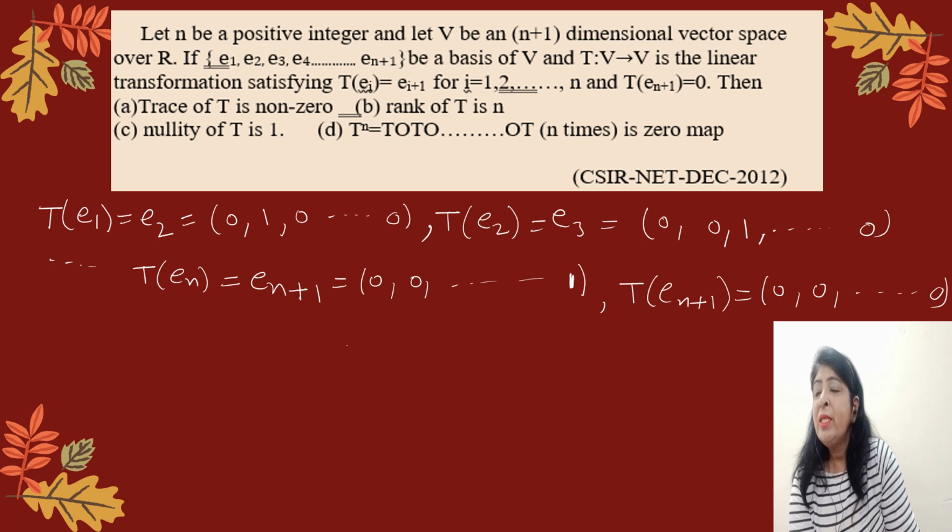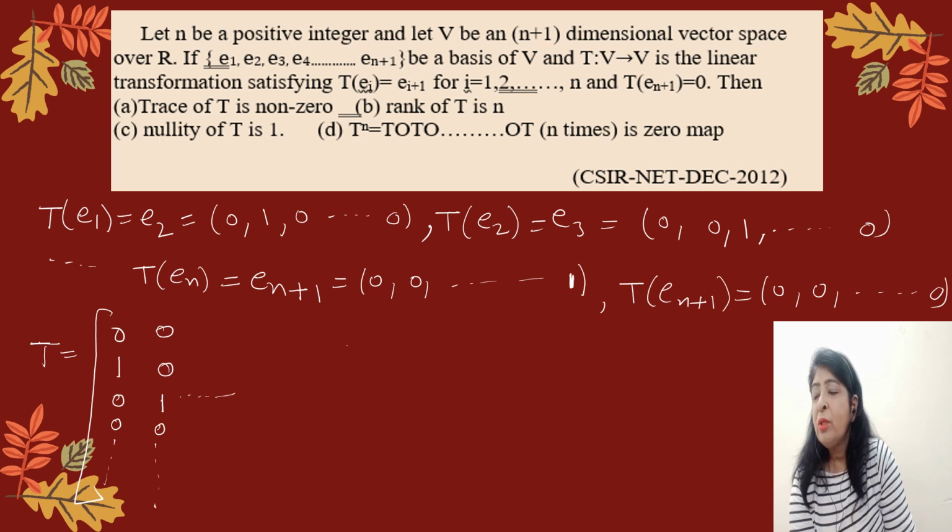So the matrix associated with the linear transformation T will be 0, 1, 0, 0 and so on. Then 0, 0, 1, 0 and so on.